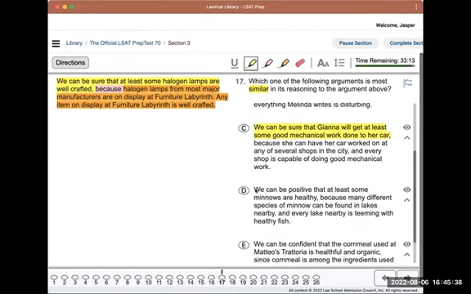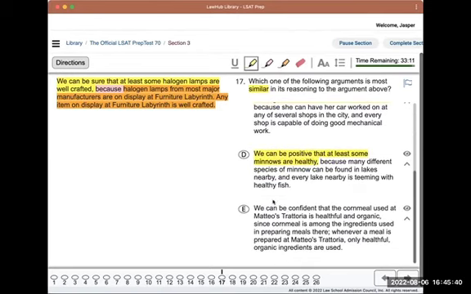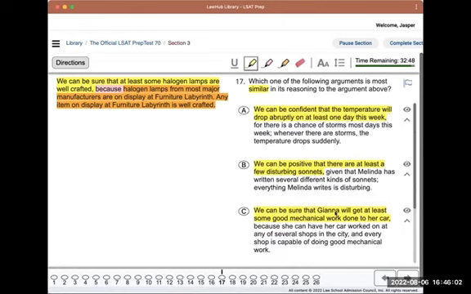We can be positive that at least some minnows are healthy. We can be confident that the cornmeal used at Matteo's Trattoria is healthful and organic. So this one I would eliminate because we don't have "at least some" or synonymous language to that. So there's no parallel to that qualifying phrase. So I would eliminate E.